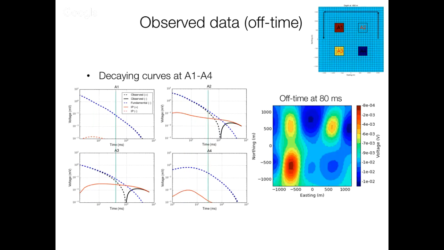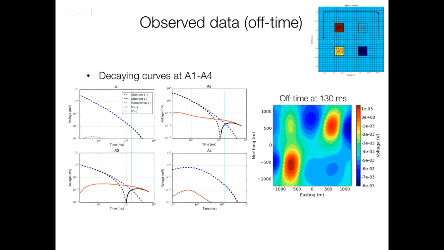If we go over here, however, we notice that there is starting to be a difference, and the difference between the fundamental and the observed is starting to be significant. Here's the IP.